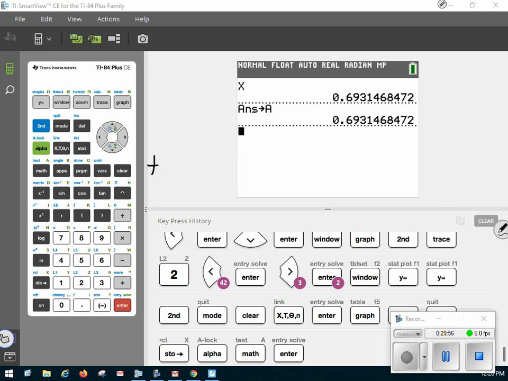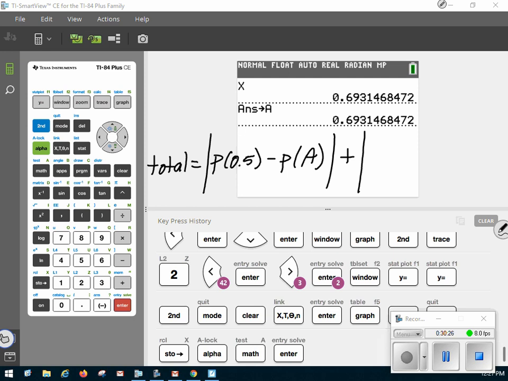My total distance is the distance from where I started and where I changed direction. And where did we start? What time? 0.5. So P of 0.5 minus P of, in this case, A, plus P of that 0 minus P of where you're going to end up.